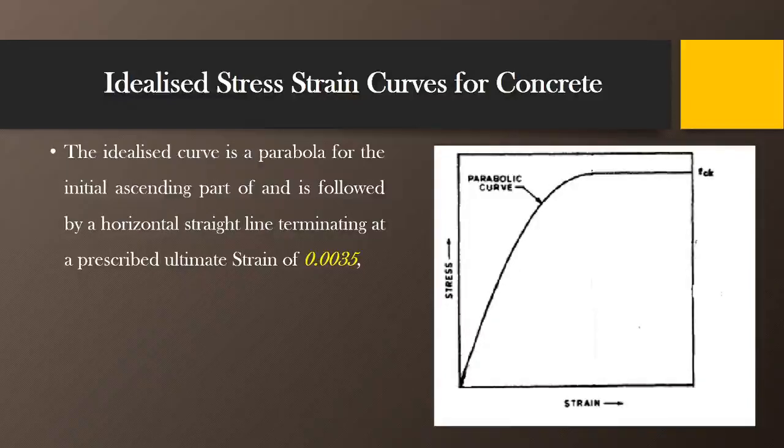It is just like a parabola, and then after reaching the characteristic strength, that curve is continued in a horizontal line and it terminates at the ultimate stress point at which the rupture of the concrete will take place, and the corresponding strain at that rupture is considered as 0.0035. So this is the idealized curve for the concrete.